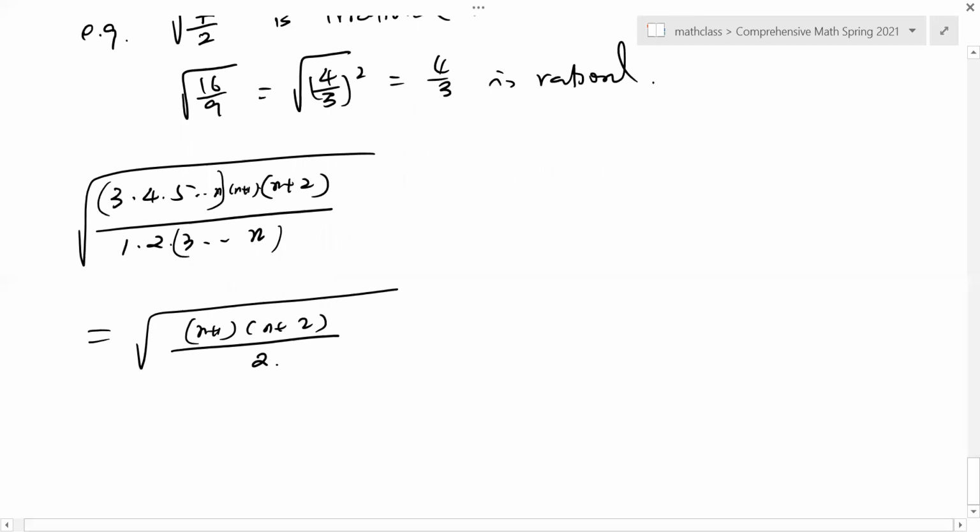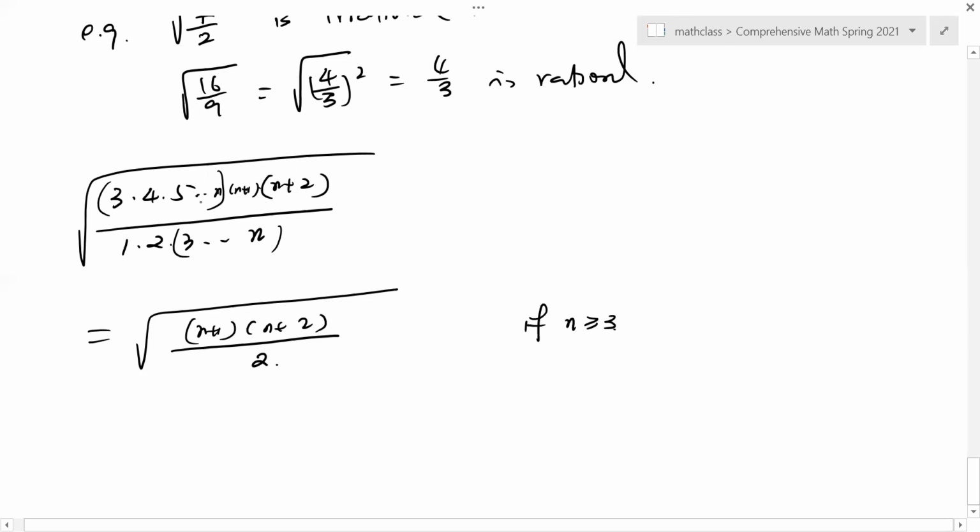This is simplified as long as n is greater than or equal to 3. n equals 2 doesn't work, I already tried it. If n is at least 3, the numerator begins with 3 all the way to n.